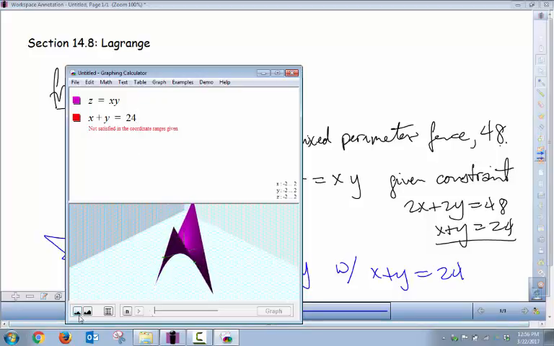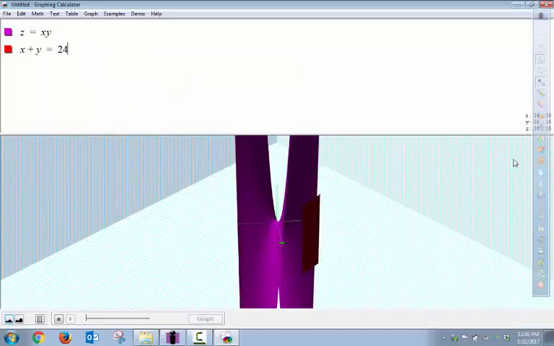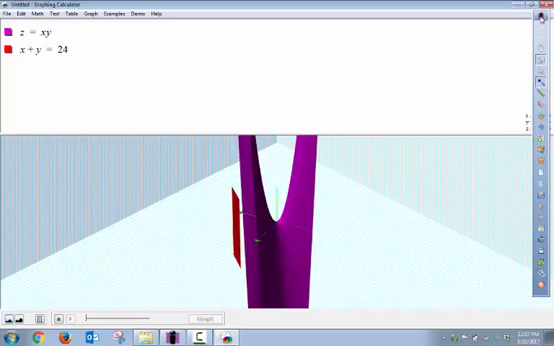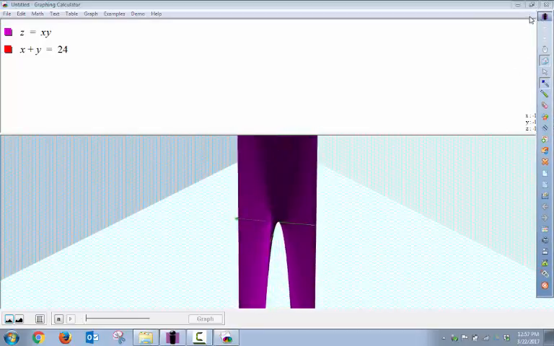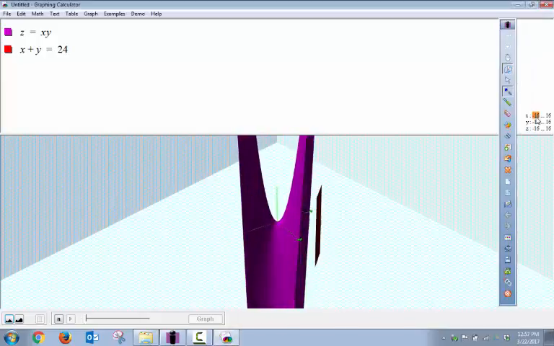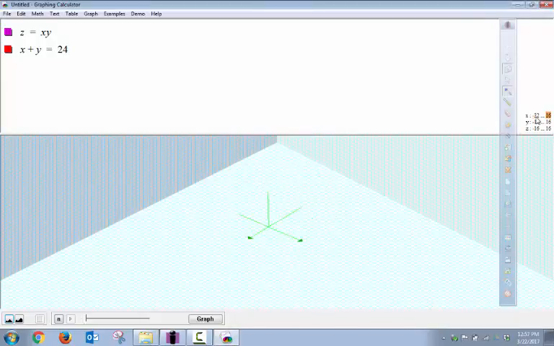It's out of range. Let's zoom out. We're not quite there yet, so I'm going to distort it a little bit. Let's go from -32 to 32, -32 to 32.